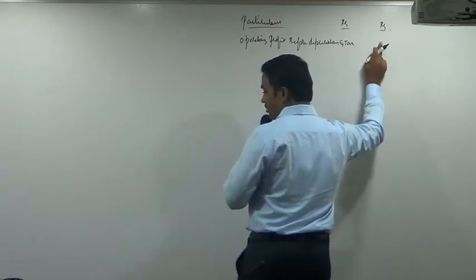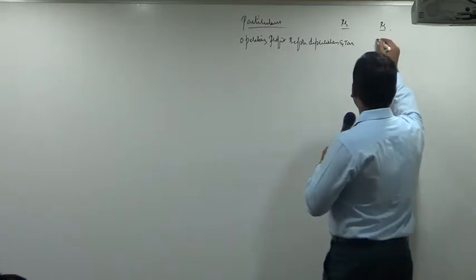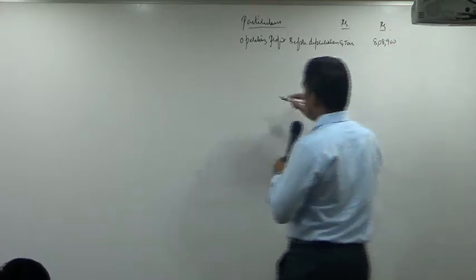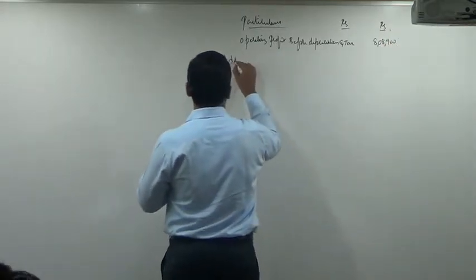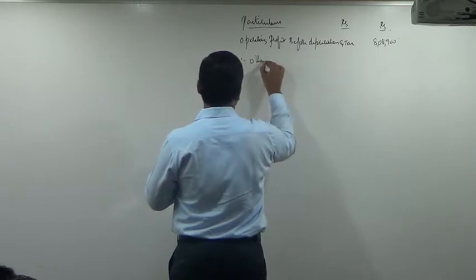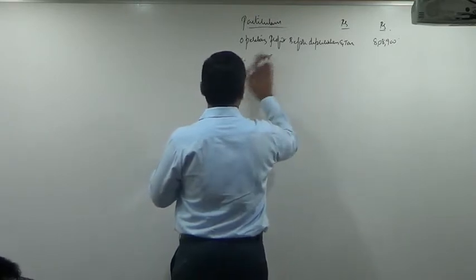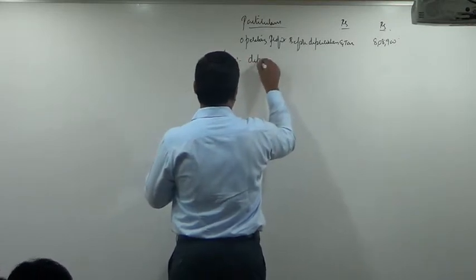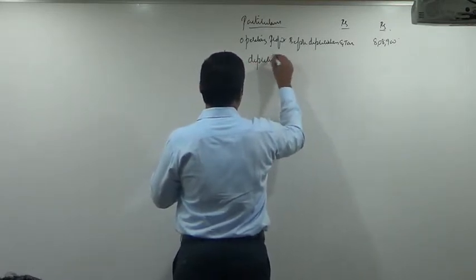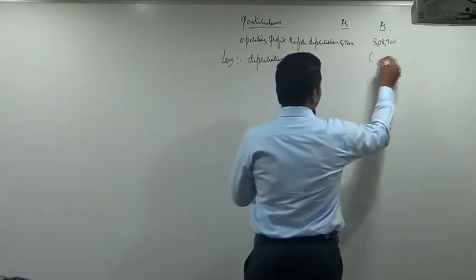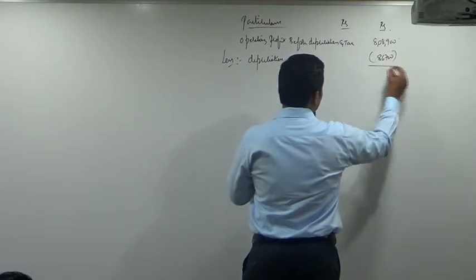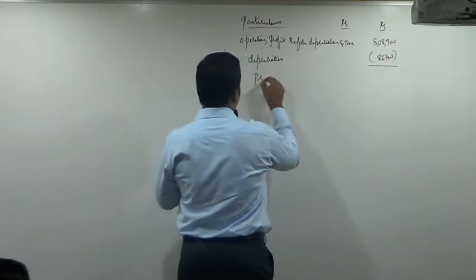You already know the number, 11,01,600. Add other incomes. Subtract depreciation first. Less depreciation. What is the depreciation figure? 86,700.